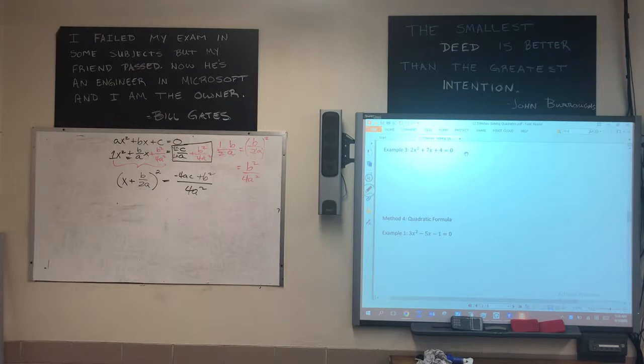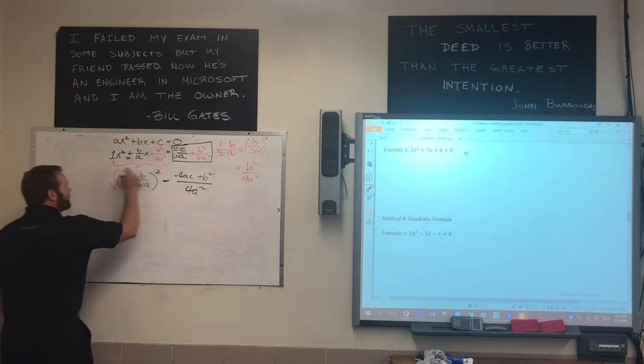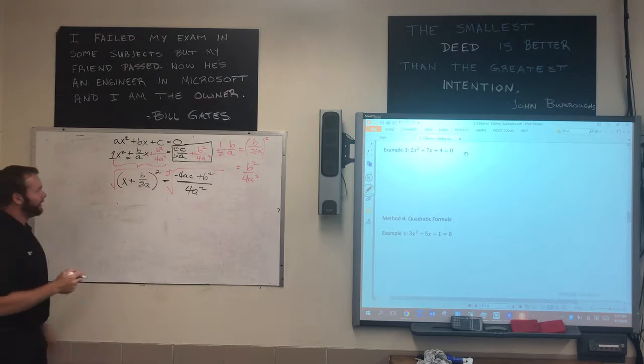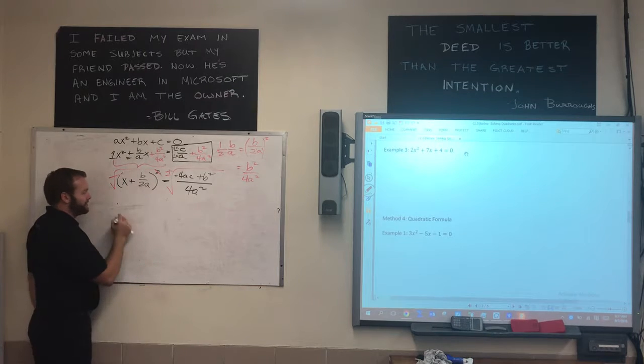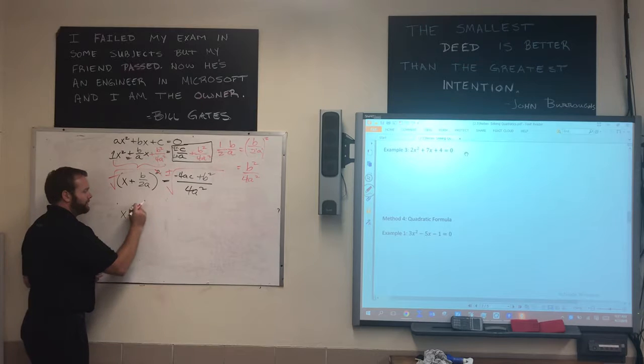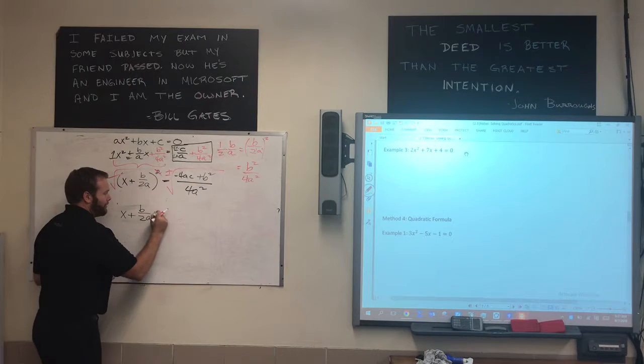Once we get to that stage, now we can use the square root method, right? Square root both sides. Creates a plus or minus. Now over here, obviously those are going to cancel, which is going to be x plus b over 2a. Okay?